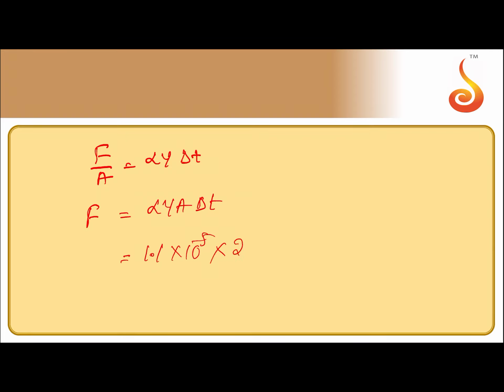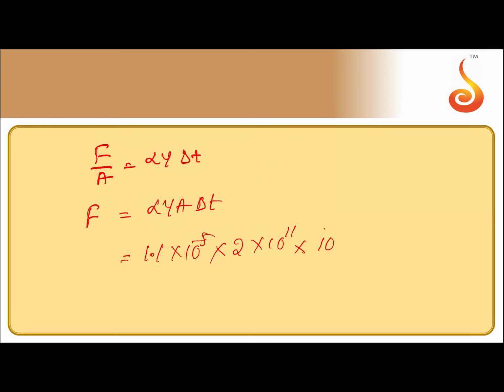You know that thermal stress F by A is given by alpha Y delta T, or say delta theta. So thermal tension is equal to alpha Y A delta T. Are we given the value of alpha? Yes, 1.1 into 10 to the power of minus 5. Y is 2 into 10 to the power of 11.